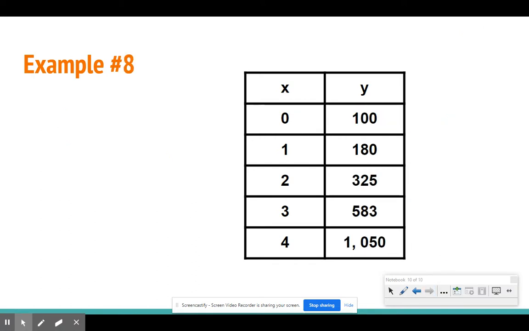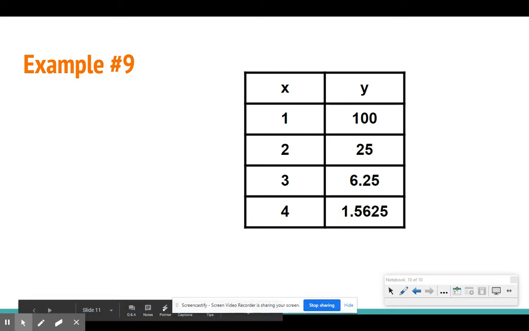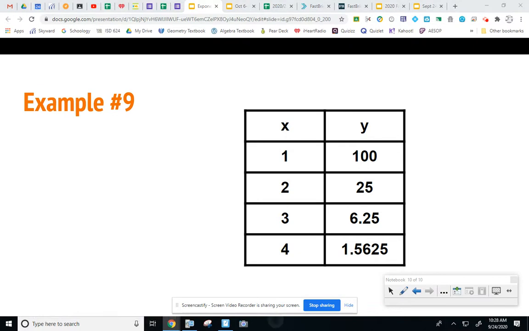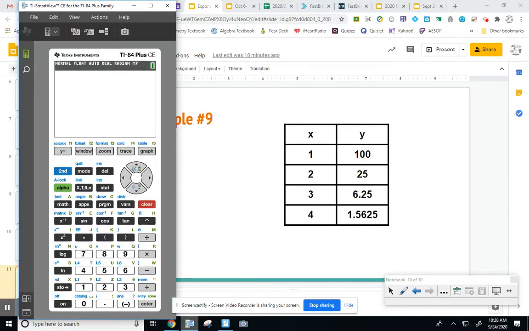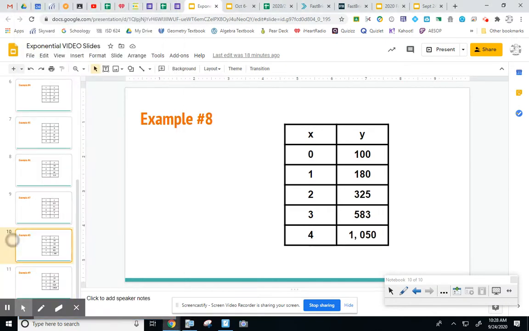Example 8. Notice I can't really tell what we are multiplying by or what we are dividing by, so I'm going to get my calculator out. And let's go back to the right slide. This one.